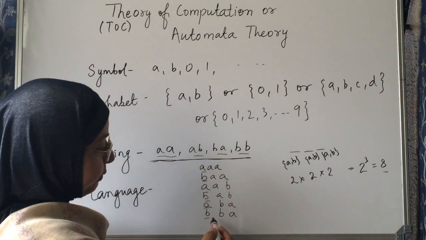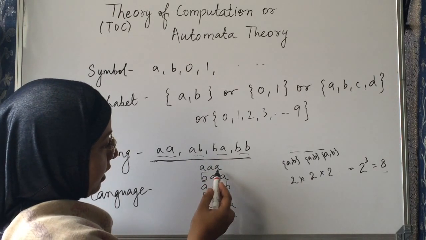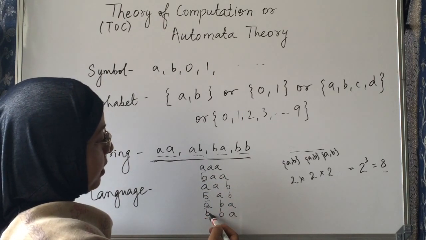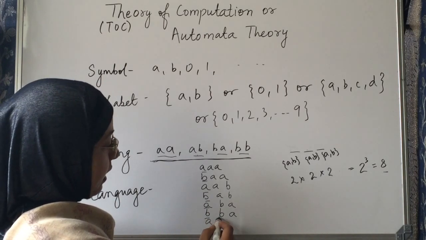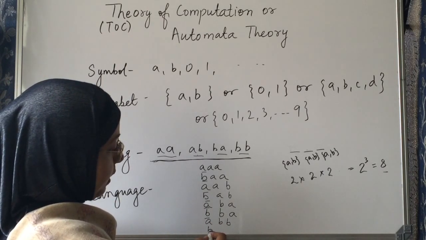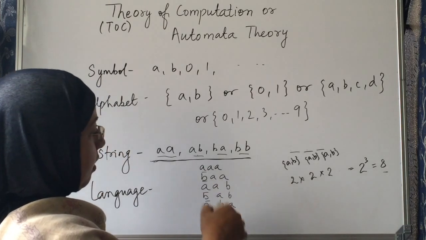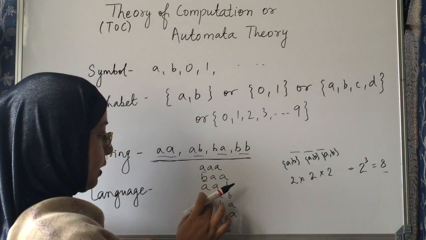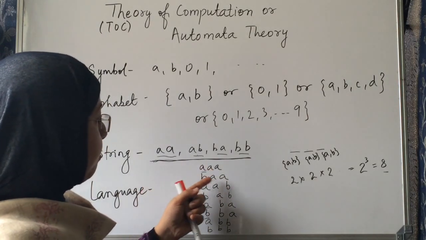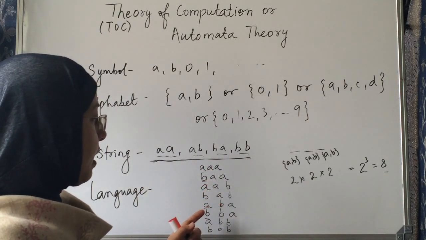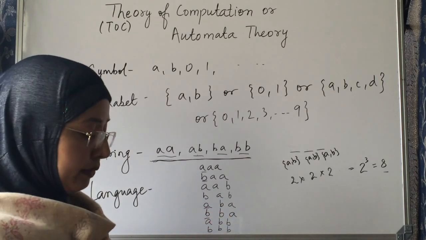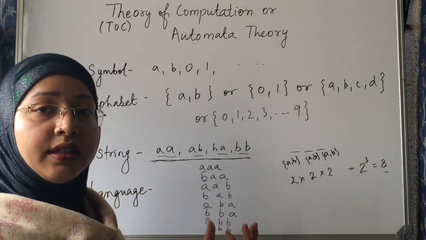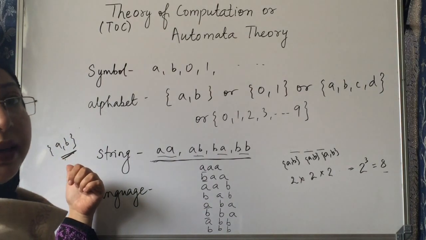All are unique. So these are the 8 strings possible of length 3 with this alphabet A comma B.